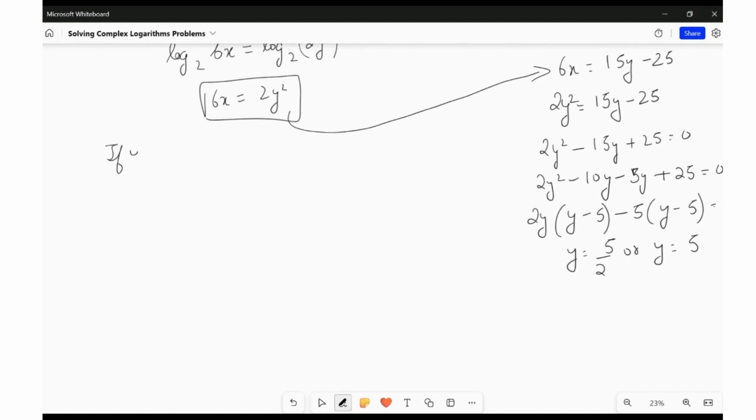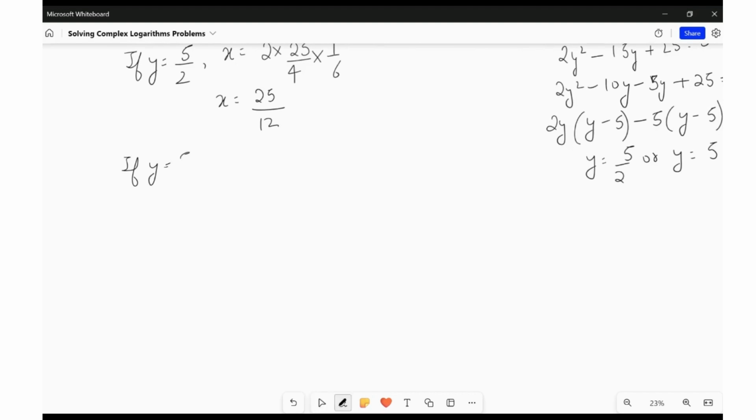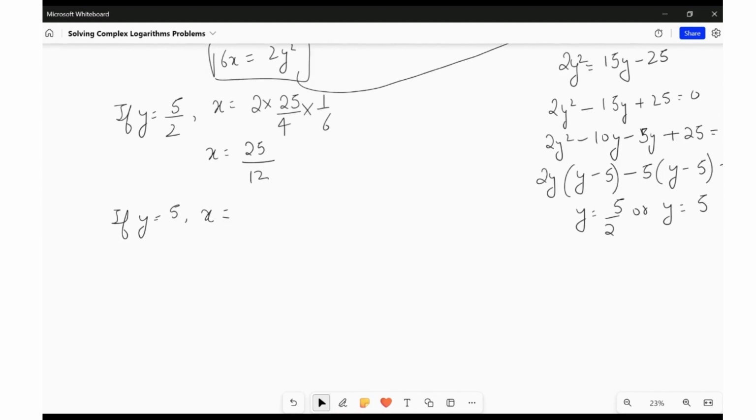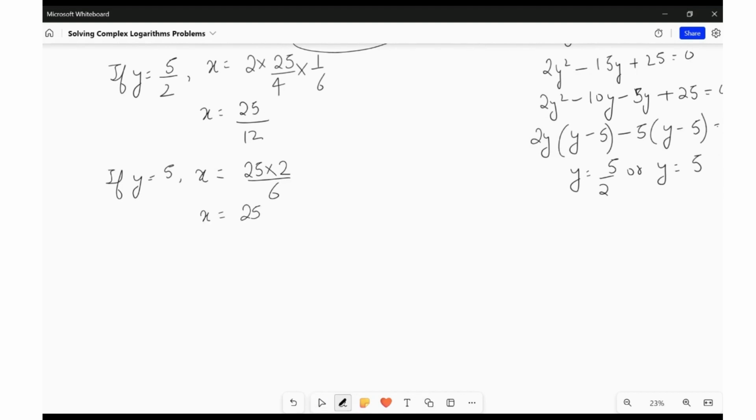If y is 5 by 2, x is 2 into 25 by 4, because 5 by 2 square is 25 by 4, into 1 by 6. So x is 25 by 12. If y is 5, then x becomes 25 into 2 by 6, so x is 25 by 3.